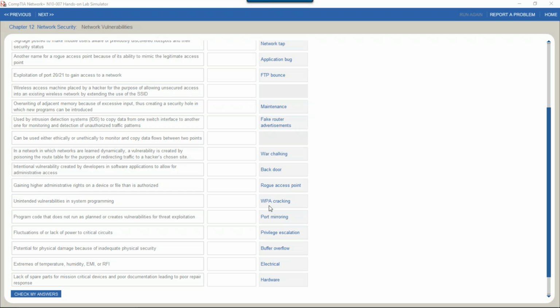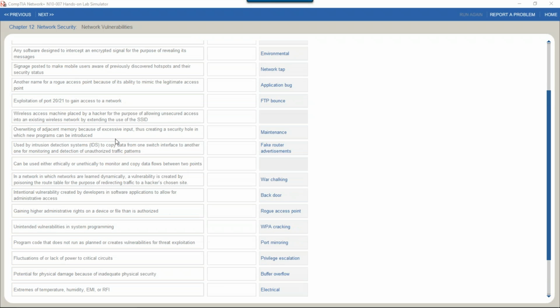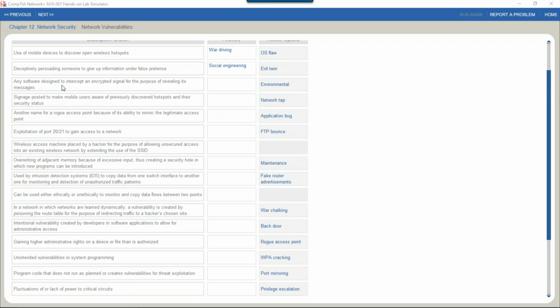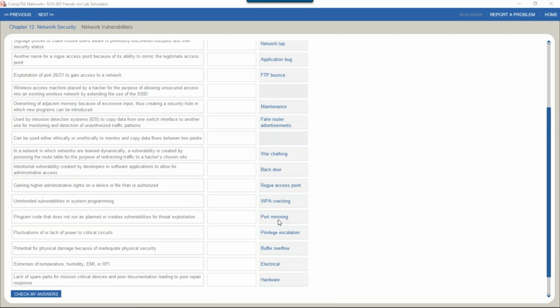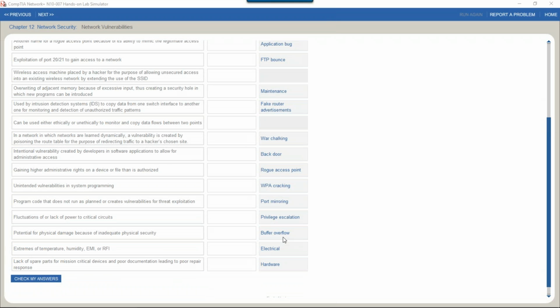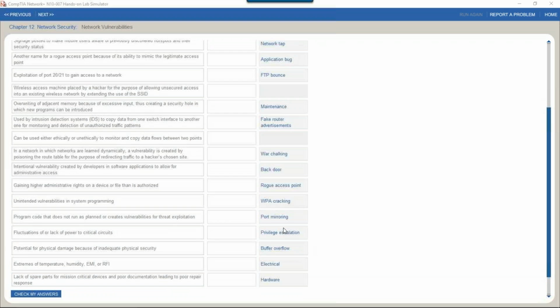There you go. And looks like we're trying to crack, right? Designed to intercept encrypted signal for the purpose of revealing its messages. To me, that one fits. What else do we have? We have port mirroring. It's not going to be that. Privilege escalation doesn't fit, right? Buffer overflow, no. To me, that fits.